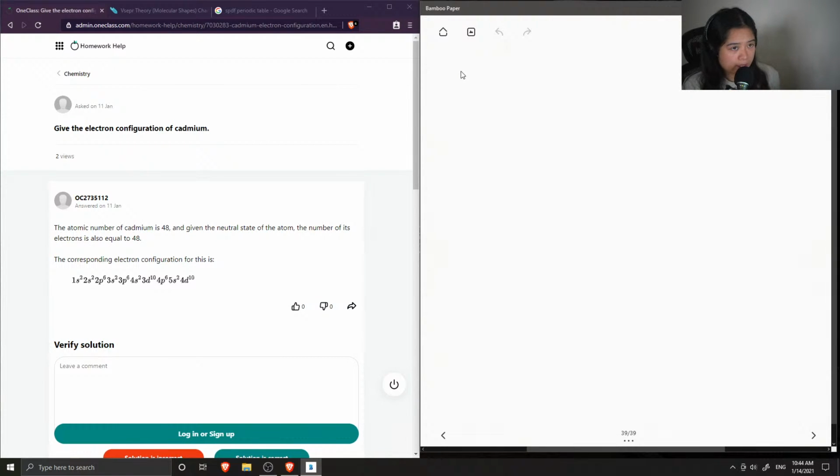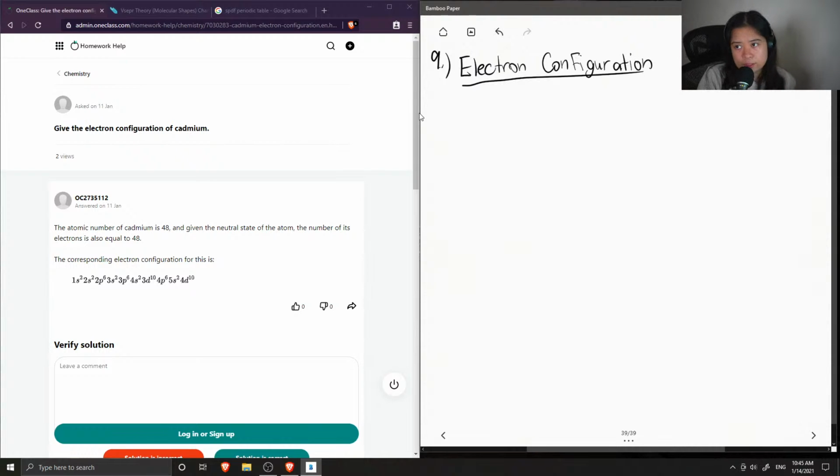Okay, so question 9 is to give the electron configuration of cadmium. We can find the electron configuration of a certain atom just by following a set of steps.